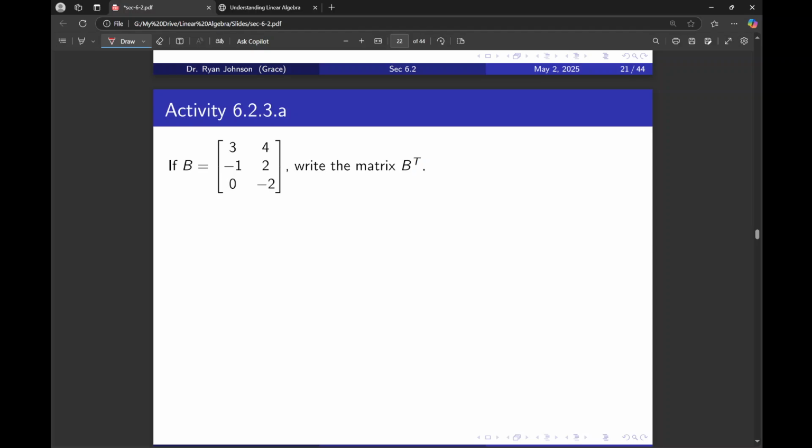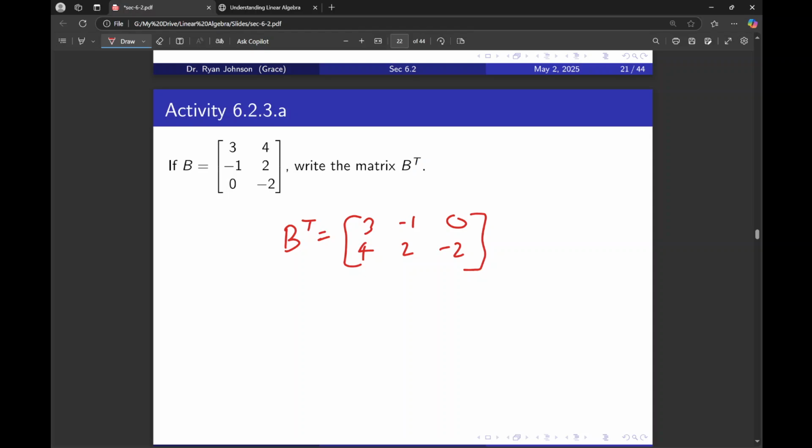Okay? So here's a simple one. There's B. Write the matrix B transpose. Okay?